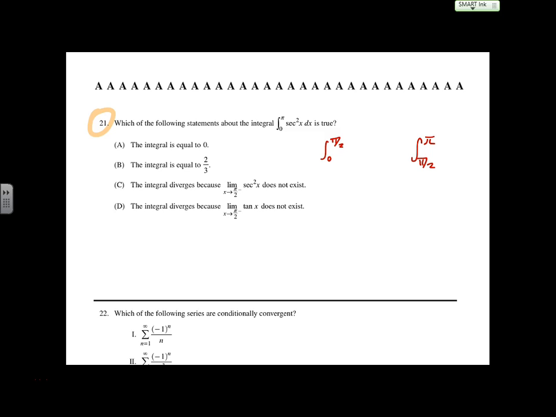Evil. We have an asymptote at pi over 2: tangent is sine over cosine, secant is 1 over cosine. Cosine is going to equal 0 at pi over 2. So improper integral is basically what's going on. We need to split up at pi over 2, and as we integrate at pi over 2, tangent of pi over 2 ends up being D.